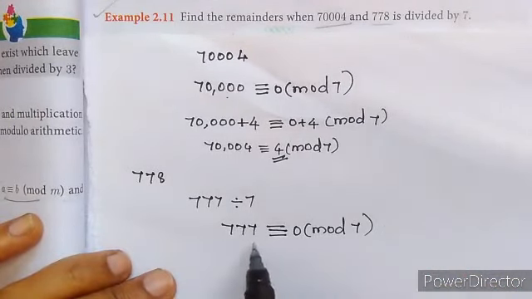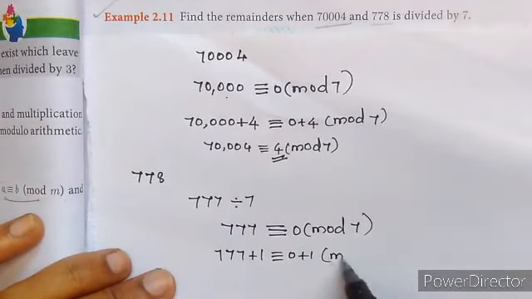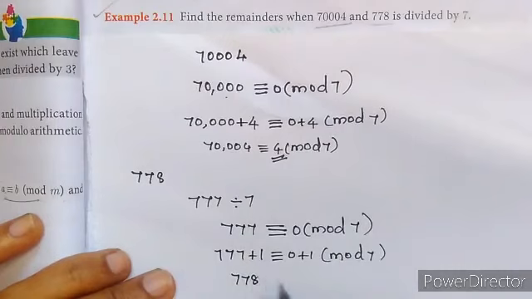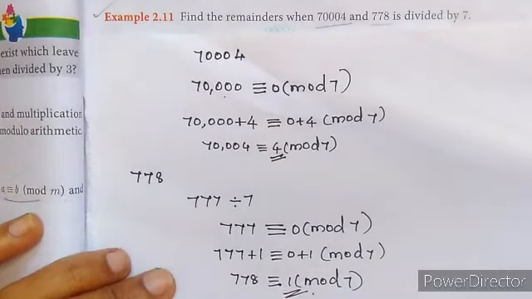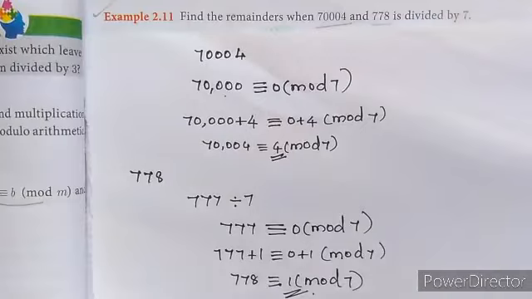Now we can add 1 to the left and right sides so that you will get 777 plus 1 congruent to 0 plus 1 mod 7. So 778 congruent to 1 mod 7. So what is the remainder here? 1 is the remainder when 778 is divided by 7.